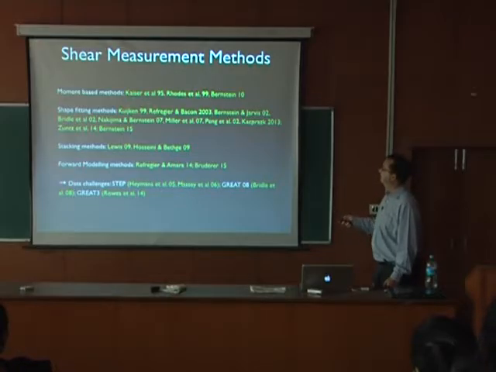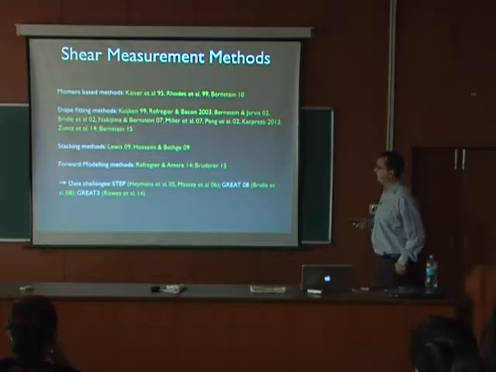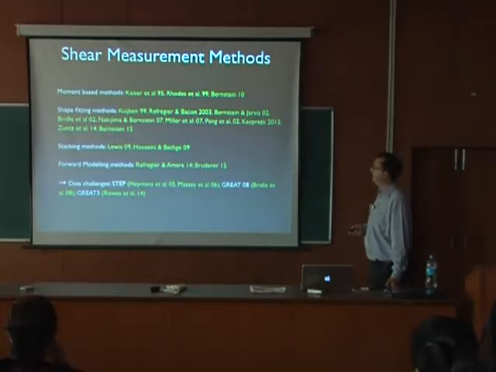One of the founding methods is called KSB, after the paper by Kaiser et al., which I'll be describing a little bit later. It's the first quantitative method for doing this, and it's actually still used after more extensive calibrations.